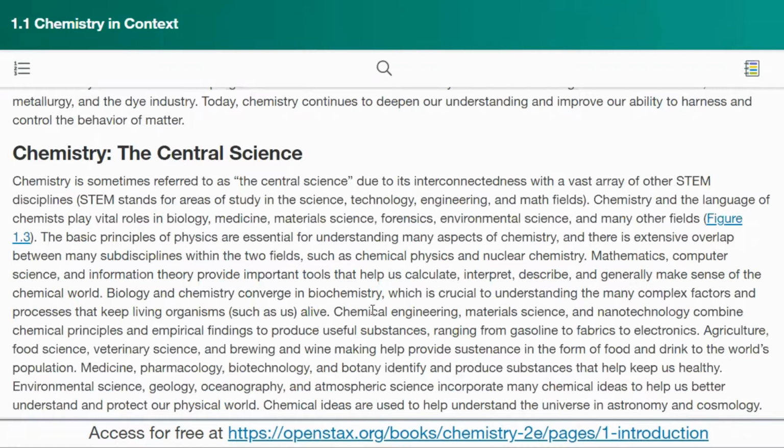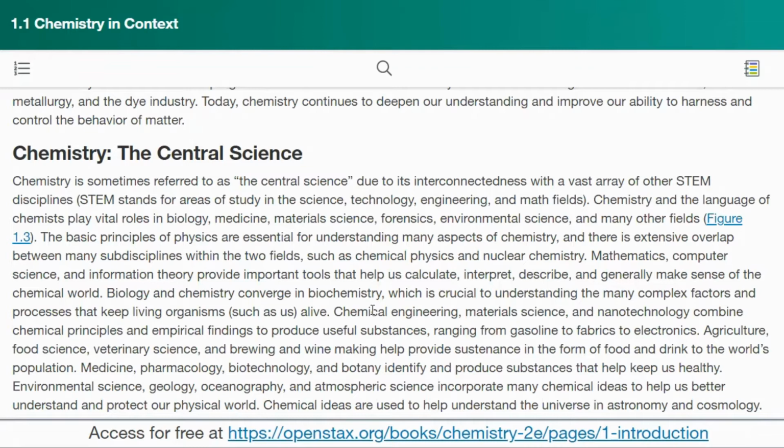Mathematics, computer science, and information theory provide important tools that help us calculate, interpret, describe, and generally make sense of the chemical world. Biology and chemistry converge in biochemistry, which is crucial to understanding many complex factors and processes that keep living organisms, such as us, alive.